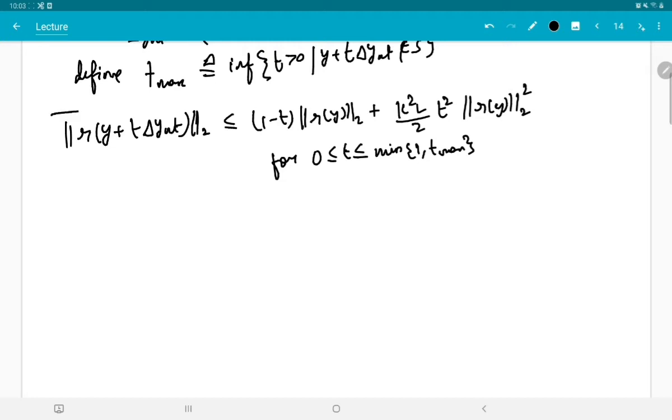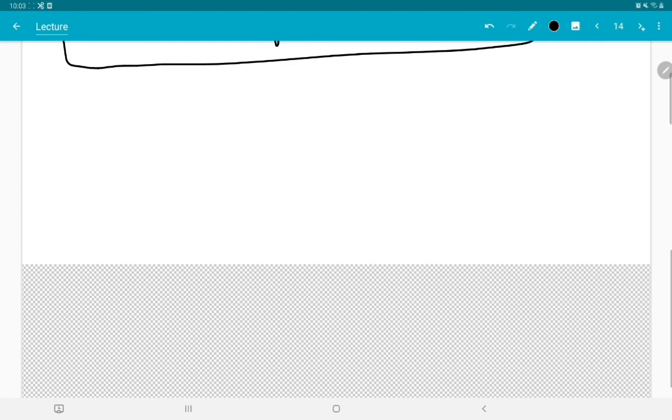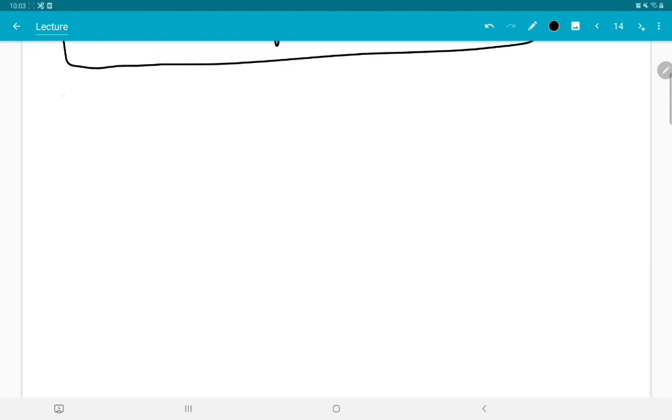So to start with this, we start with the residue at y plus t delta y nt.